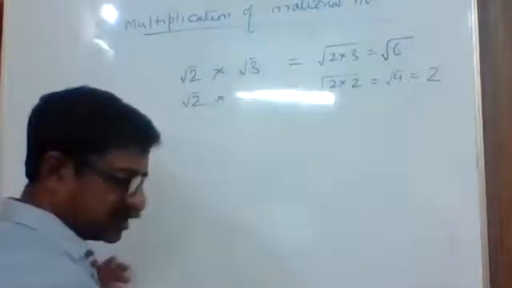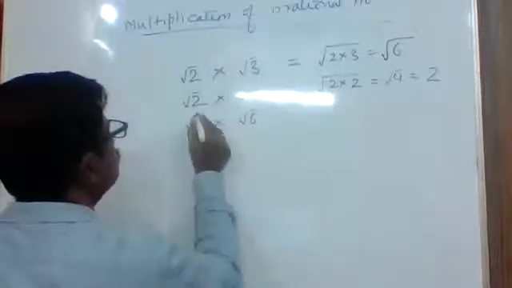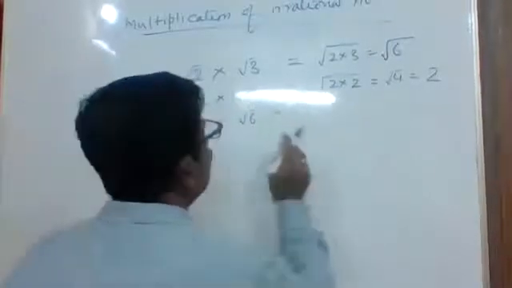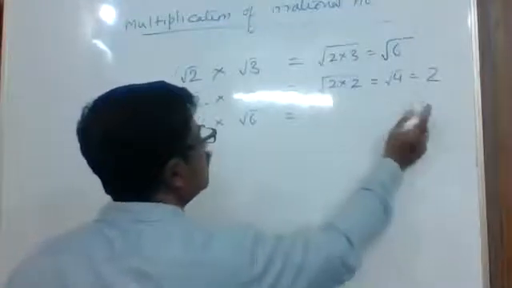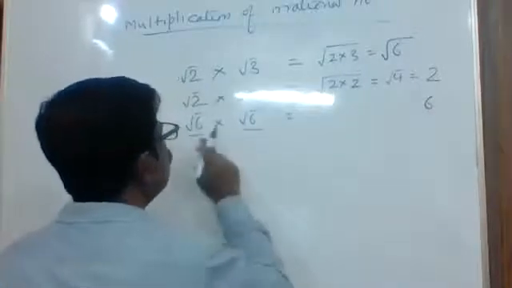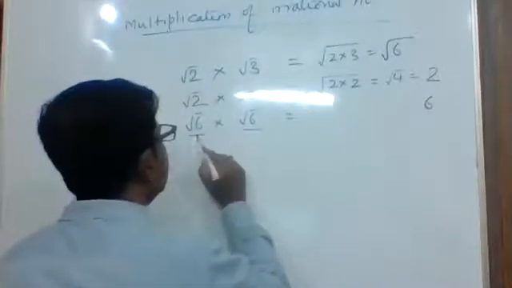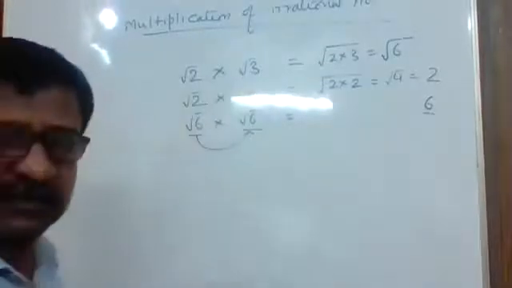These are simple numbers. I'll take one more example. Suppose you got root 6 into root 6. I'm not writing root 6 into root 6 as root 6 into 6 or root 36. Directly I'm writing 6. If the same number is multiplied, root 6 into root 6, then the multiplication becomes 6. Clear?